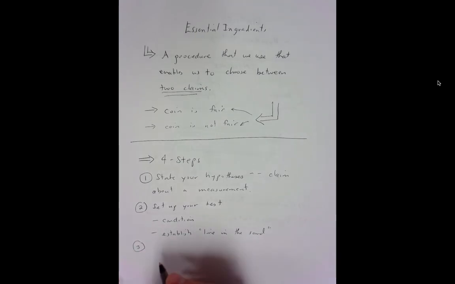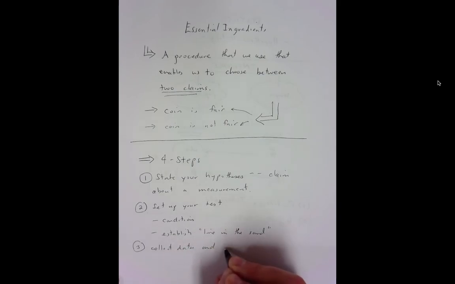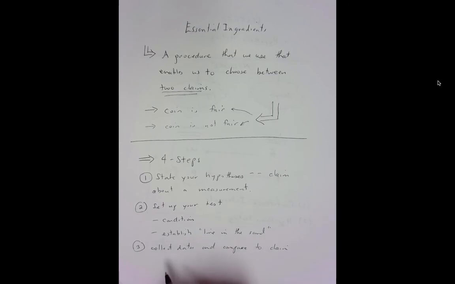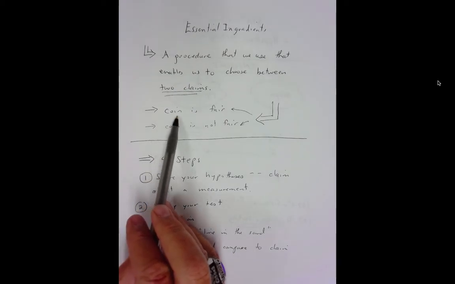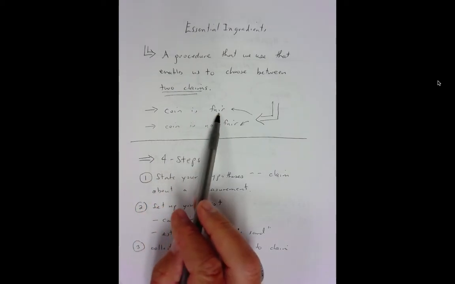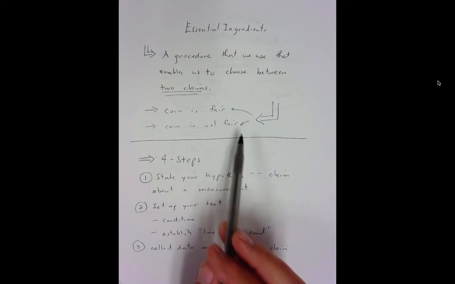The third thing you're going to do is you're going to collect your data, and you're going to compare it to the claim. So let's go back to this illustration about your brother having this coin, and he says it's fair and you think it's not.